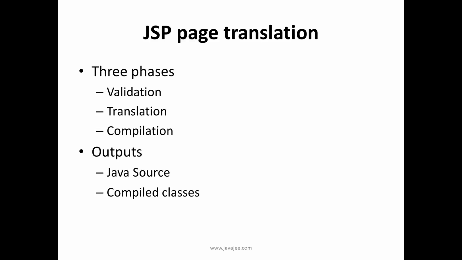Before validation, the JSP page is usually converted to an XML view, and this XML view is then validated and translated. The next phase in the lifecycle of JSP page translation is actually translation.